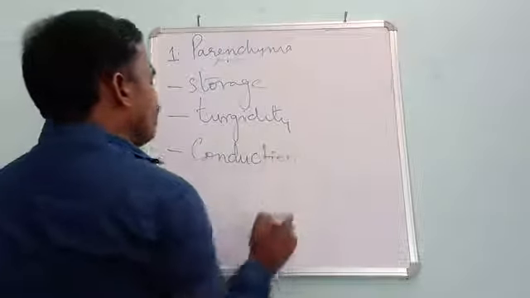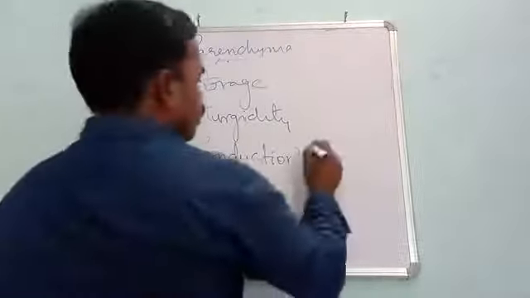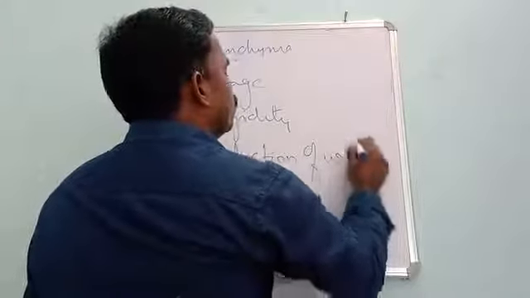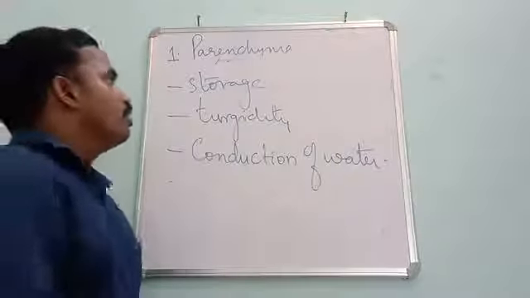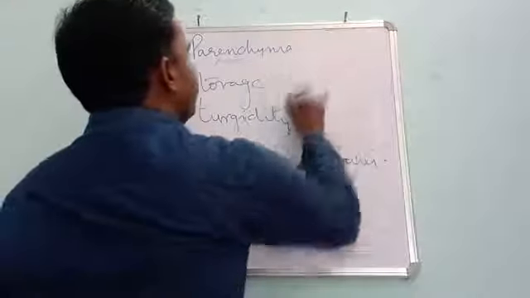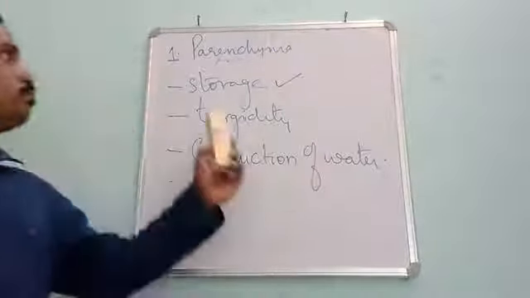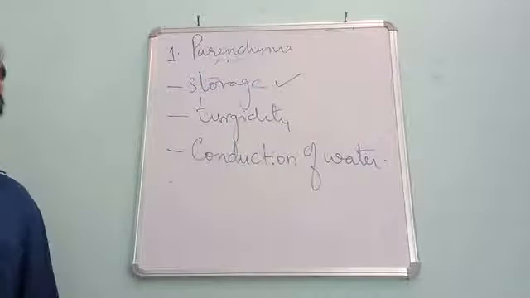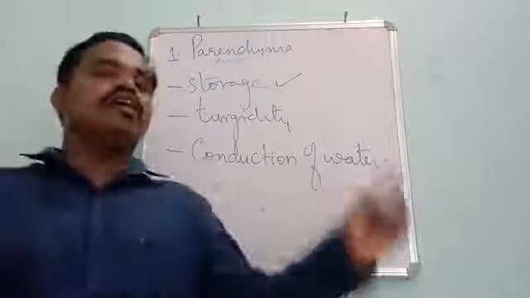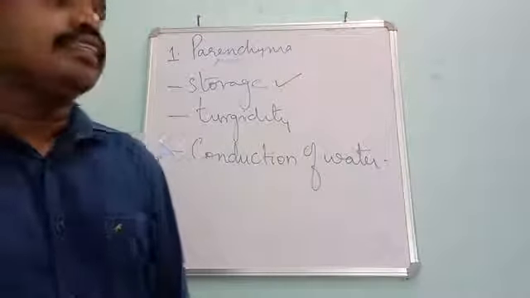So parenchyma plays different roles. One is the storage purpose, another is turgidity, and conduction of water. This is a partial conduction of water through the parenchymatous cells.